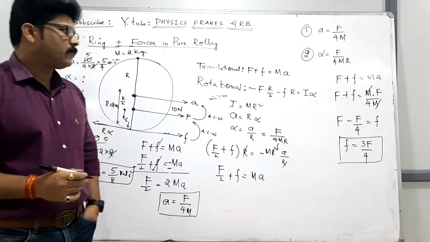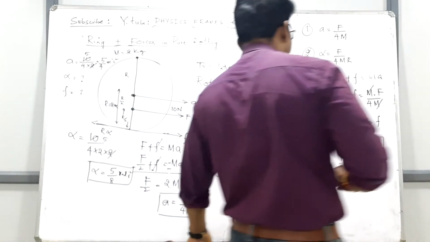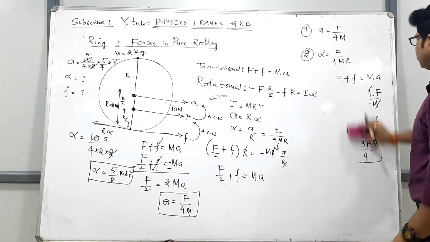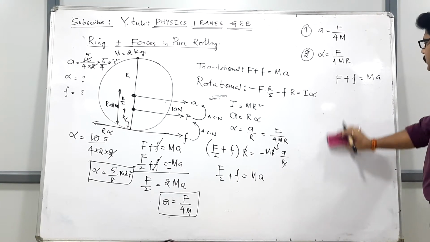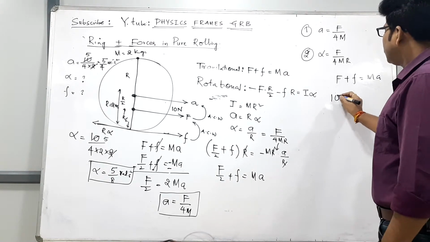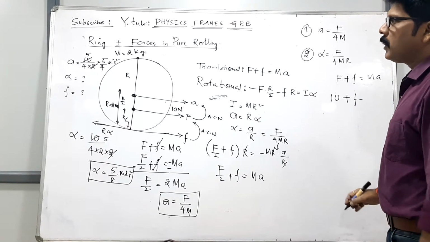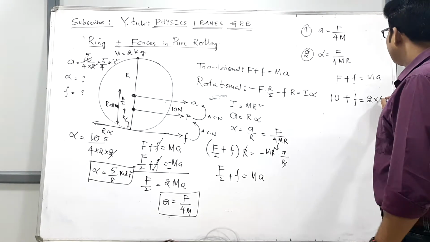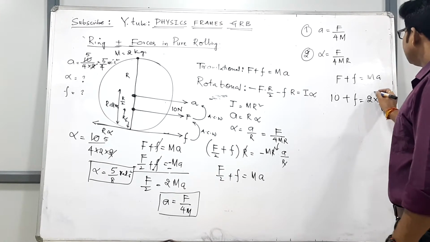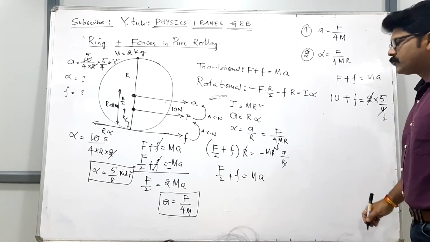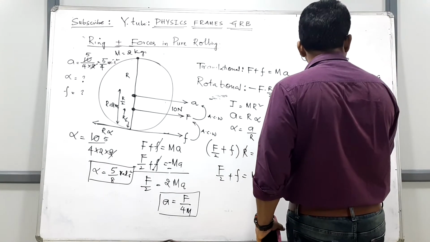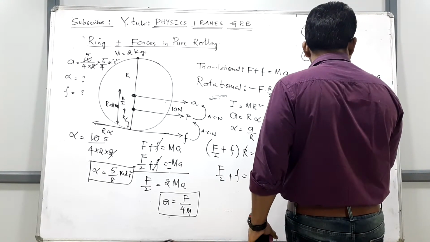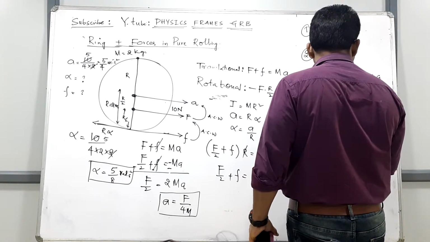Now what is the frictional force? If I want the frictional force, here 10 plus f equals mass, 2 kg, into acceleration, 5 by 4, which is 5 by 2. So f equals 10 minus 5 by 2, which is 20 minus 5 by 2.